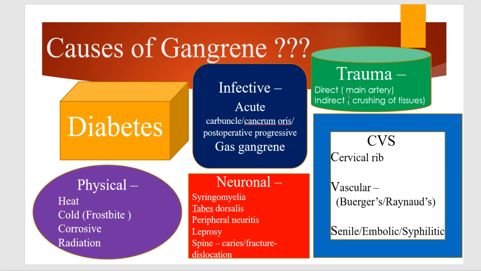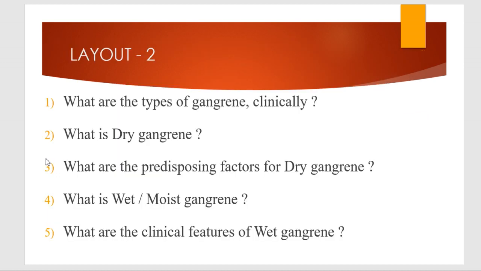Trauma could be direct trauma to the main artery, again hampering the blood supply, and indirect trauma, where the tissues have been crushed, again there is impaired blood supply. So all these factors, all these causes, the basic common thing is impaired blood supply leading to gangrene. Various different types of gangrene we'll discuss very soon.